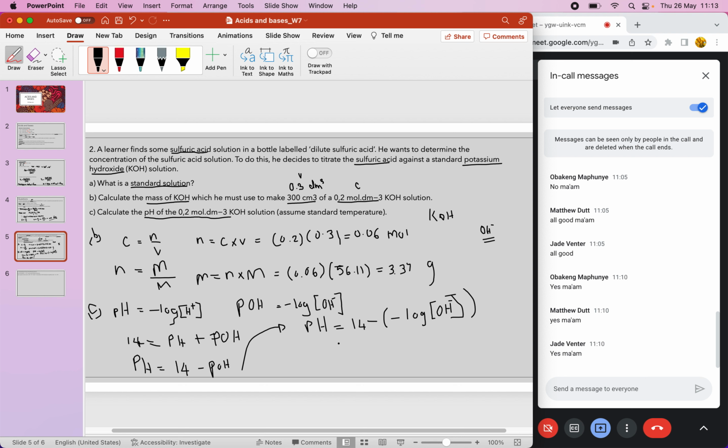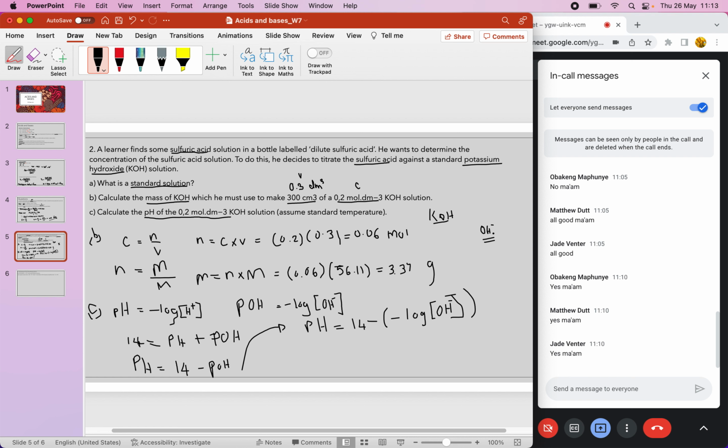Now we are given the concentration of potassium hydroxide, and remember I said potassium hydroxide is a strong base, which means that it can dissociate in water, and the concentration of the OH is the same as the concentration of the whole solution.